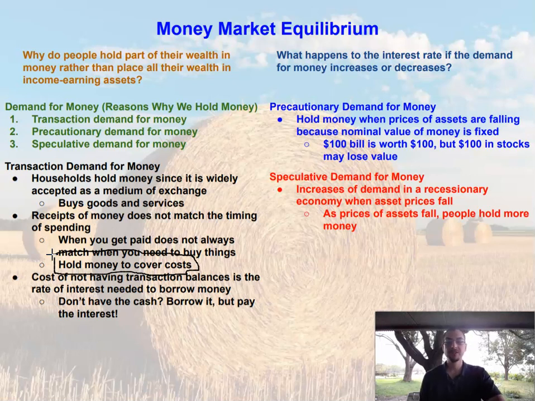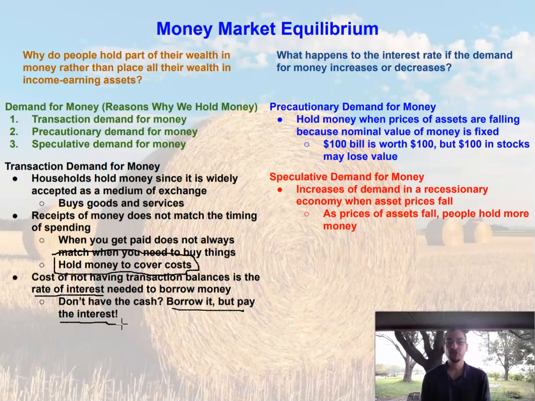So what's the cost of borrowing the money? The cost of borrowing that money is that rate of interest. So if you didn't have the cash, you could borrow it, but now you're paying that interest. So one of the aspects of this transactional demand for money is we don't want to have to borrow money and actually pay that interest. So guess what we're going to do?